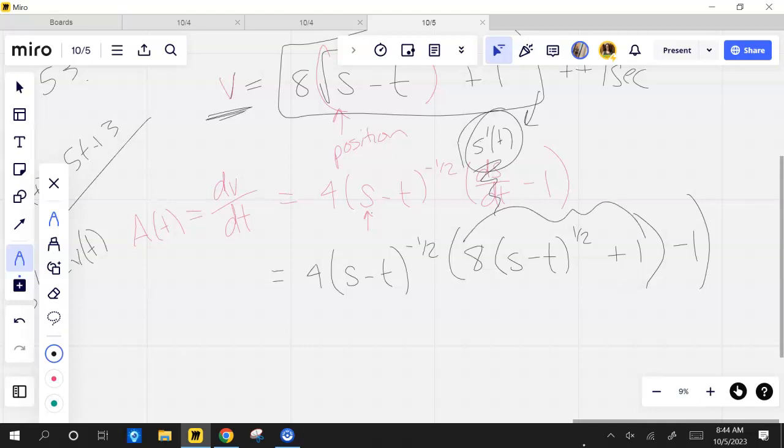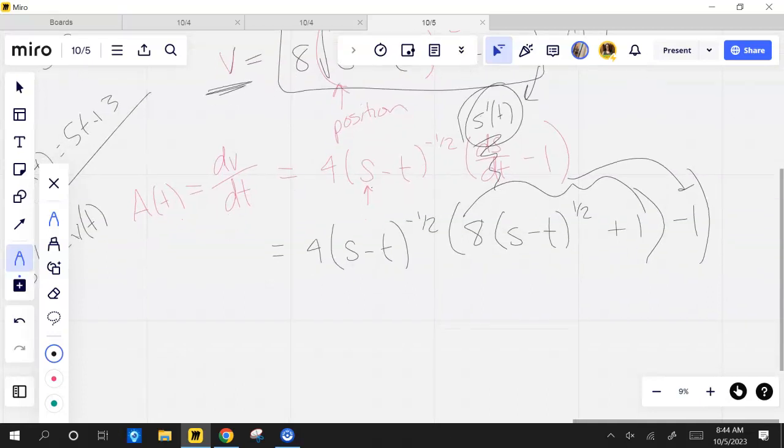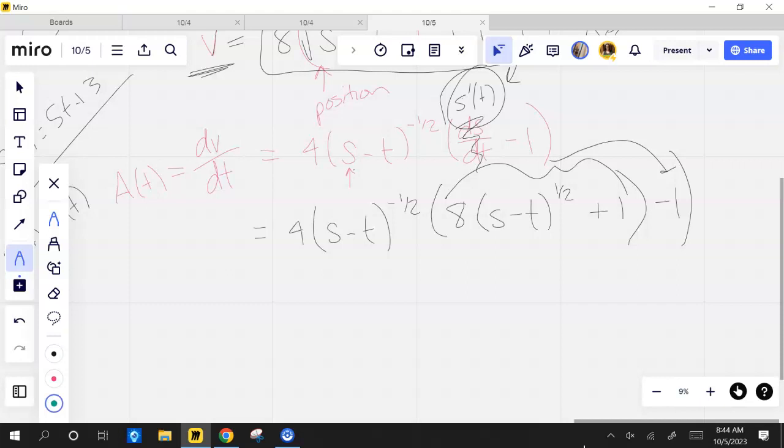All of this is velocity. And then I got this minus 1. Let's clean it up and see what happens. This is gone. All right? 4 times 8 is 32. I've got s minus t to the 1/2. This one's to the negative 1/2, so I'm going to throw it down here so you can see what happens.